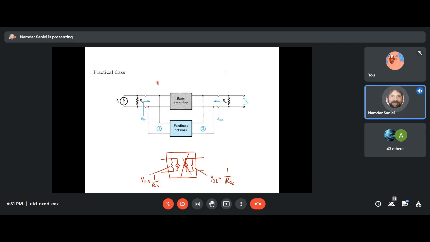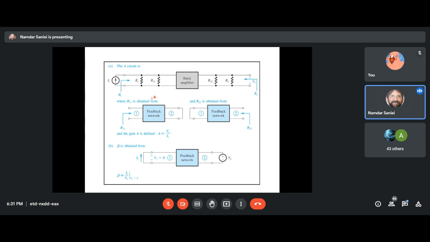So we have to take the two resistances in a shunt, in both shunt connections of the input and output, to the input side and the output side. And this is what we get then for the new amplifier. This is the newly formed amplifier where we find R11 and R22 by simply shorting one side and looking into the other side of the feedback network. For the beta, it would be IF divided by VO.